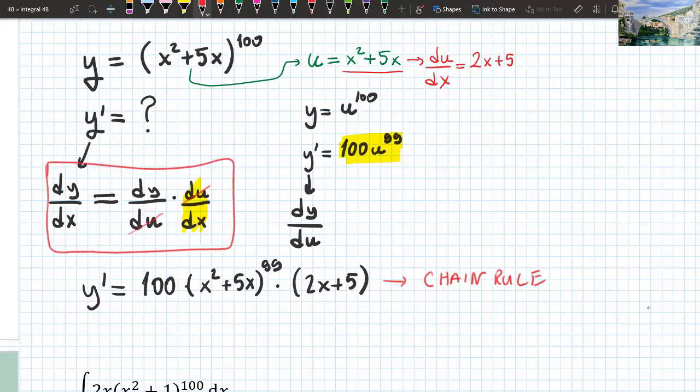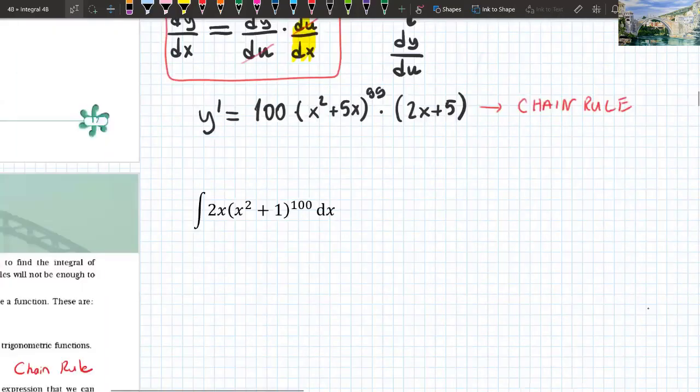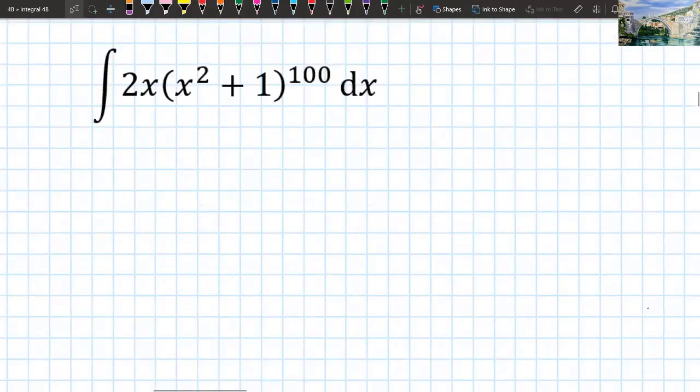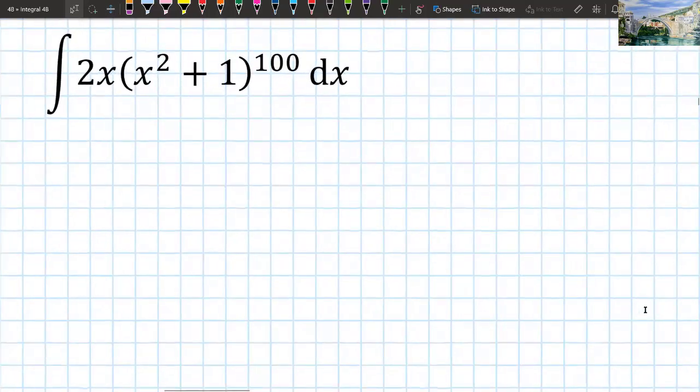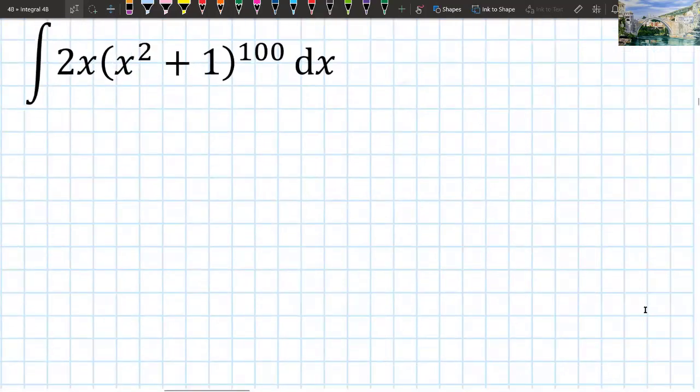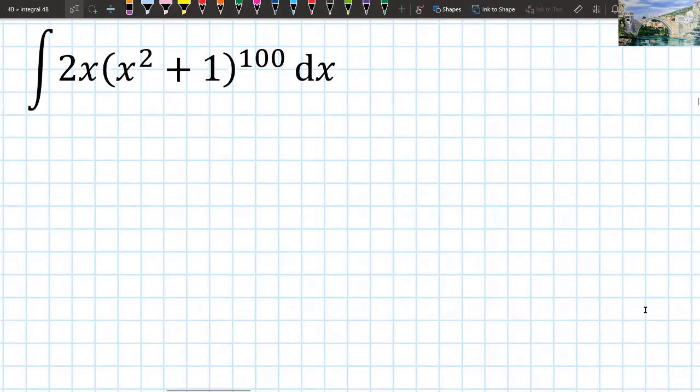Reverse chain rule is integration by substitution. Now I think you can understand the integration by substitution method better. I will write all of the steps one by one. But don't worry, it will be a little long for the first question. For the other questions, we will do it quickly.